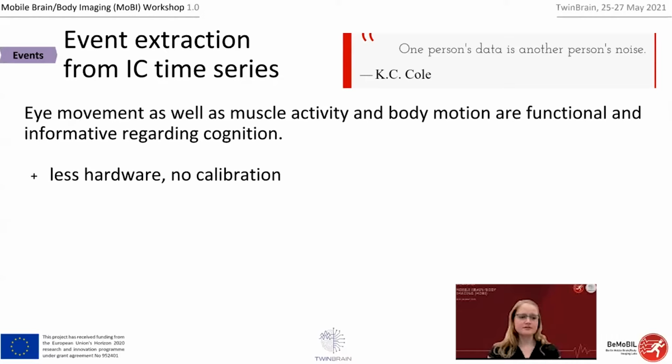So if we just have EEG recordings in a mobile setup, for example, there is the advantage that participants have to wear less hardware, and we have less calibration phases, or we just need less equipment.